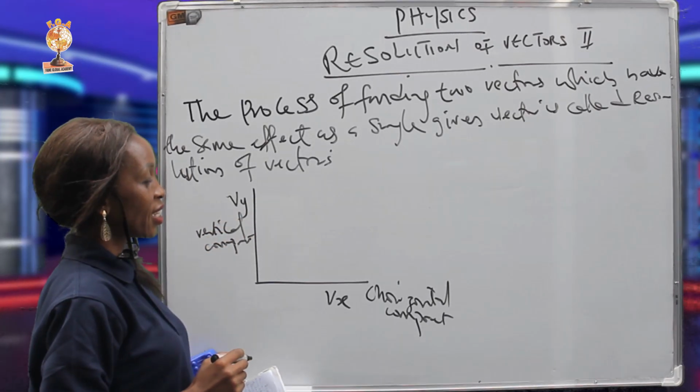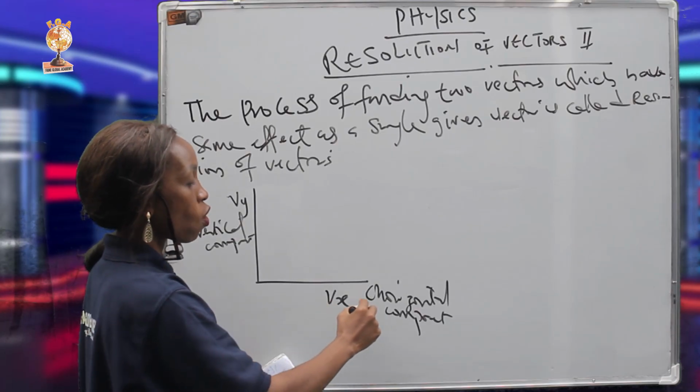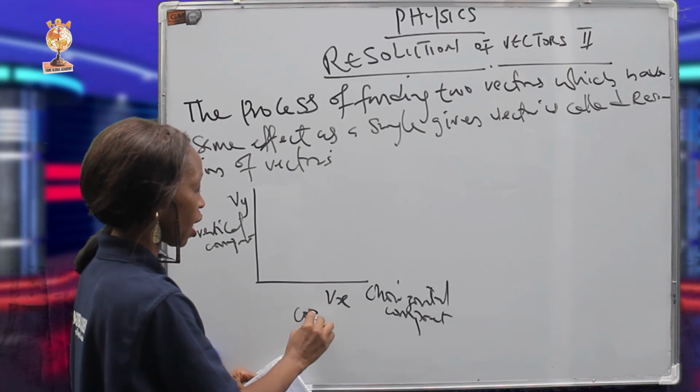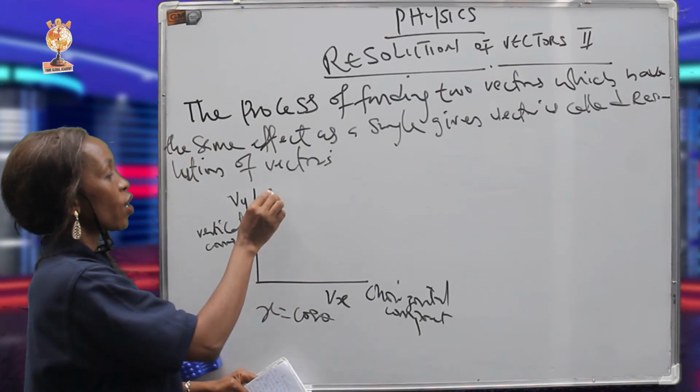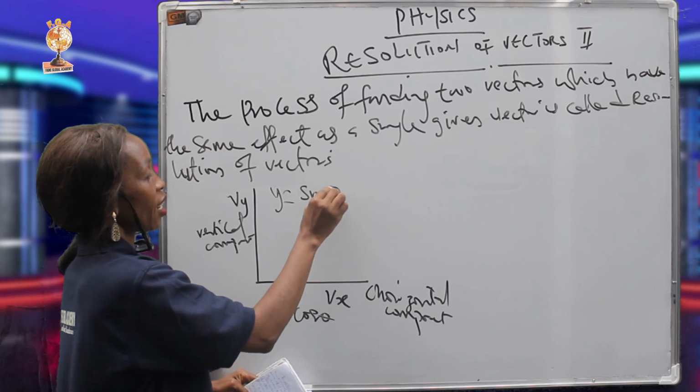And then we said yesterday that all the horizontal components, the x, are cos theta, and all the y coordinates are sine theta.